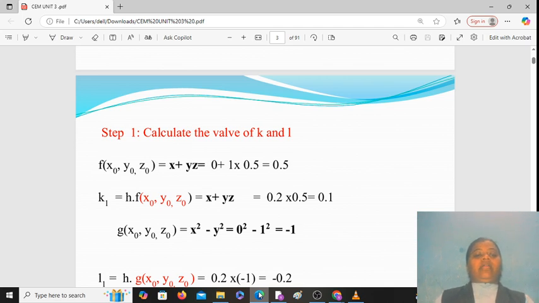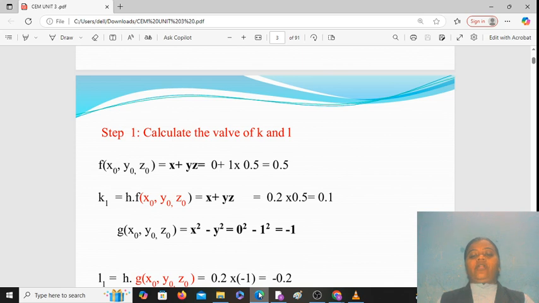K1. f of x0, y0 and z0 is equal to x plus yz, which is equal to 0 plus 1 into 0.5, which is equal to 0.5. K1 is equal to h into f of x0, y0, z0, that is 0.2 into 0.5.